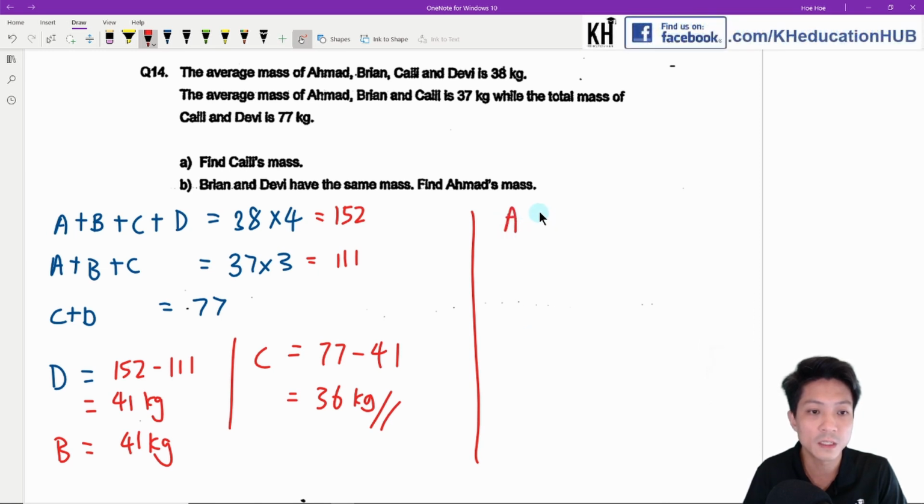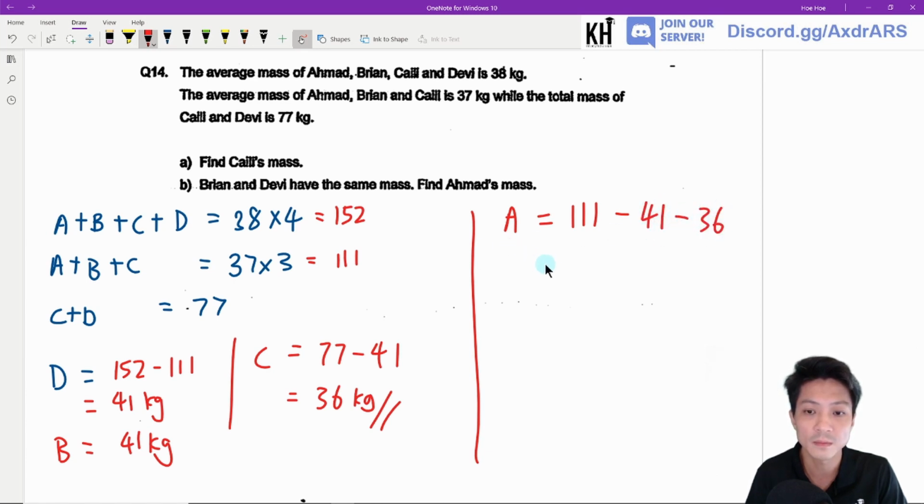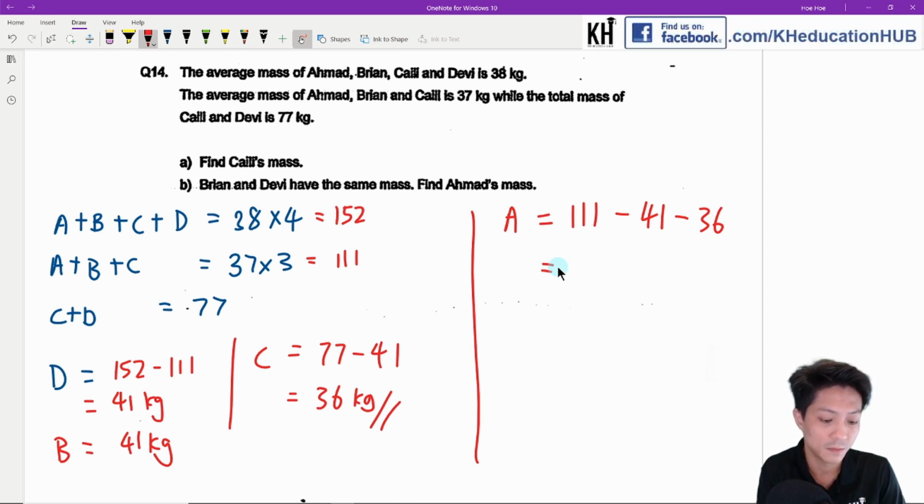So to find A, I can use 111 minus 41 minus 36, which is 34 kg.